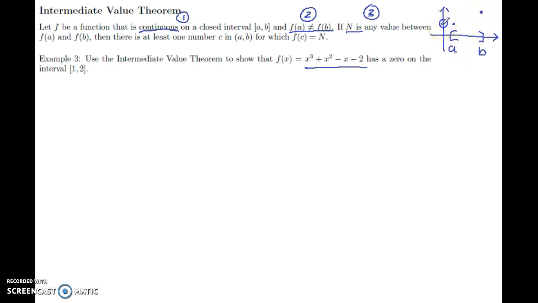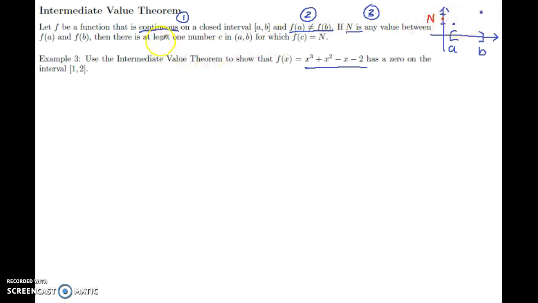So f of a is here, f of b is there. There's a difference. So if we have a point N on the y-axis that is in between f of a and f of b, the intermediate value theorem guarantees that there's a value c in the interval (a, b) that evaluates to N. So what does it mean?